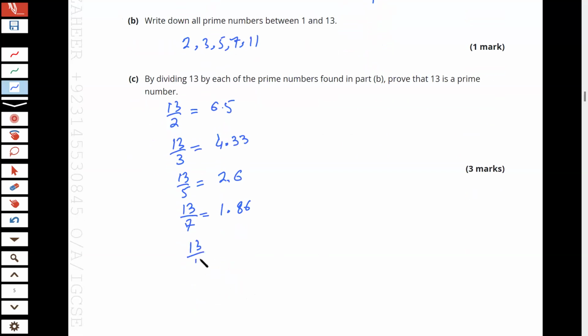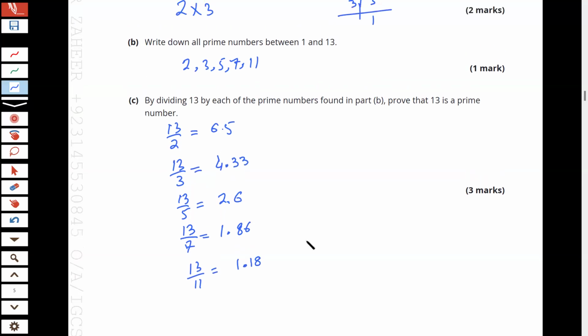And 13 divided by 11 will be equal to 1.18 recurring. So look at here, it is not divisible.